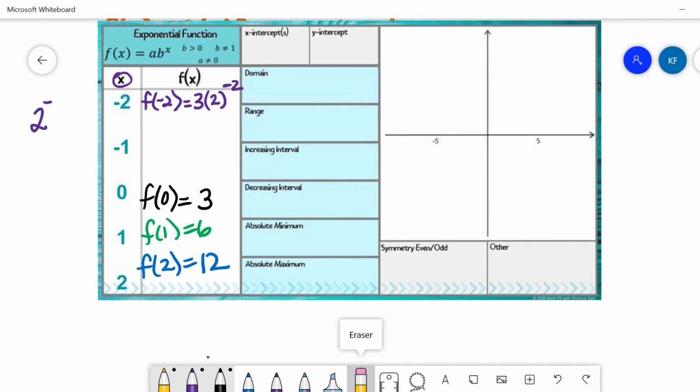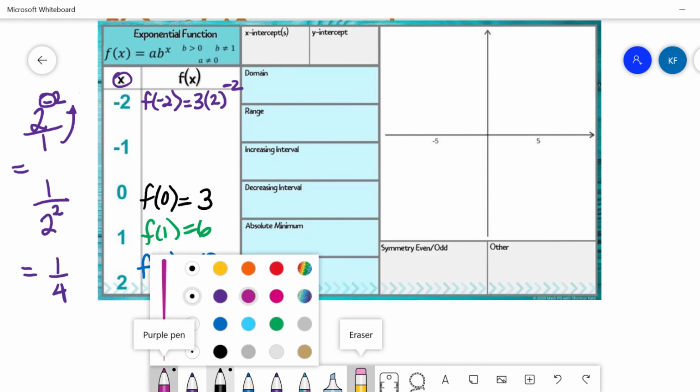What you need to remember, and I showed you previously, is that the negative sign tells us to take the reciprocal of the whole expression. So that is what I'm going to do. I'm flipping the 1 to the top in the numerator, and I'm moving what's on the top down below, and the exponent becomes positive. So this is 1/4. That is actually what the number is for the exponent on this one.